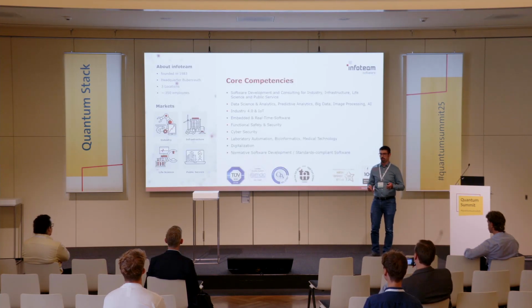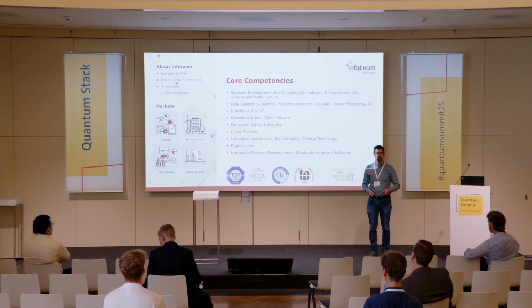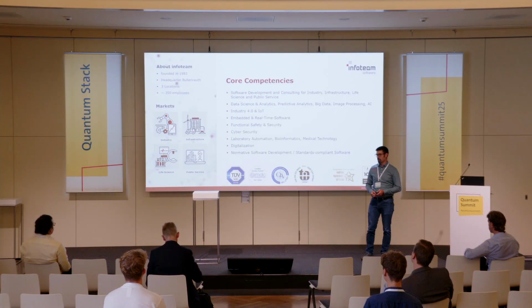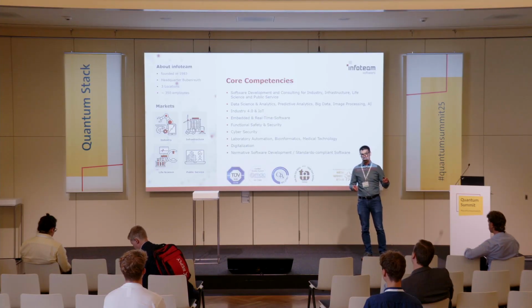Just a few words about my company. Our headquarters is in Franconia, near Erlangen, by Nuremberg. We have three locations, one in Bubenreuth, one in Dortmund, and one in Thessaloniki, Greece. We are 350 employees, founded 1983, and doing more or less individual customer software.